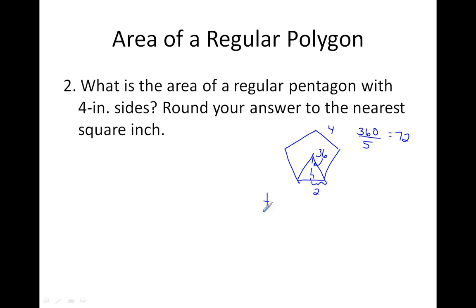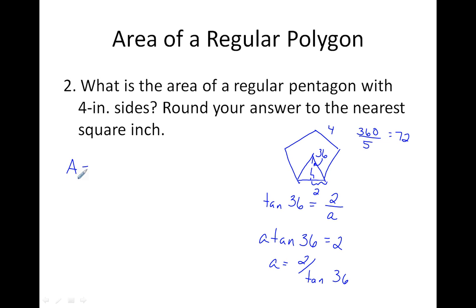So the tangent of 36 degrees is the opposite side over the adjacent side. Multiply both sides by a, I get a times tangent of 36 equals 2. Divide both sides by the tangent of 36, and our apothem is 2 divided by the tangent of 36.